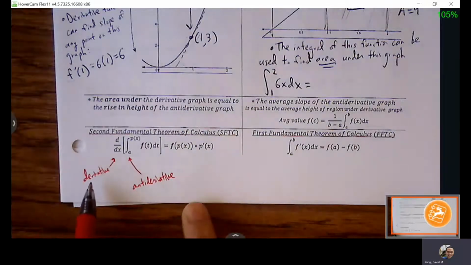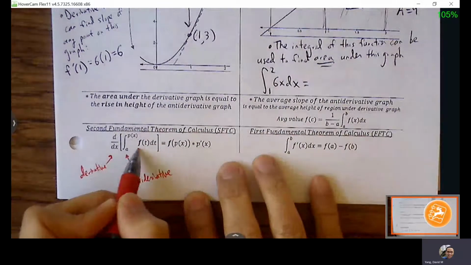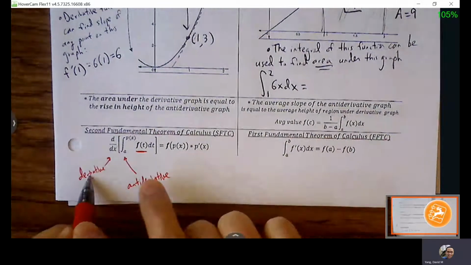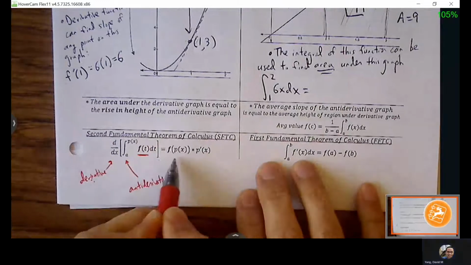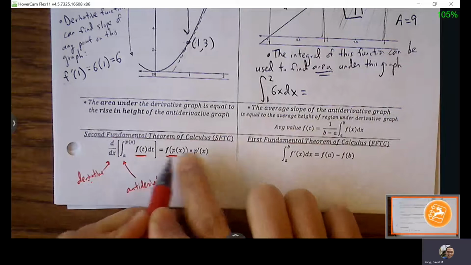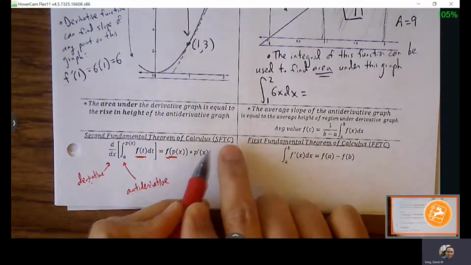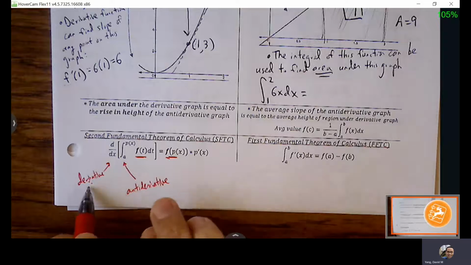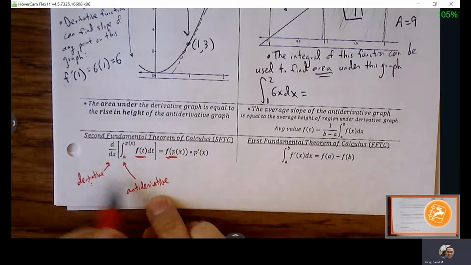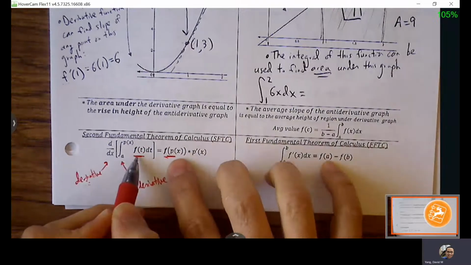So if I apply a derivative and the antiderivative on top of a function, basically these two processes cancel each other out, and we're left with something that is still basically in terms of the original function. There's some leftover things that we have to worry about. We'll talk about that later. But the big idea is that derivatives and integrals kind of cancel each other out. This function is largely going to remain unchanged.